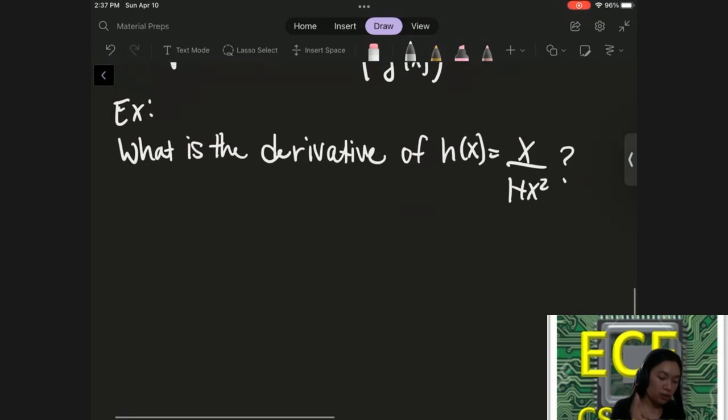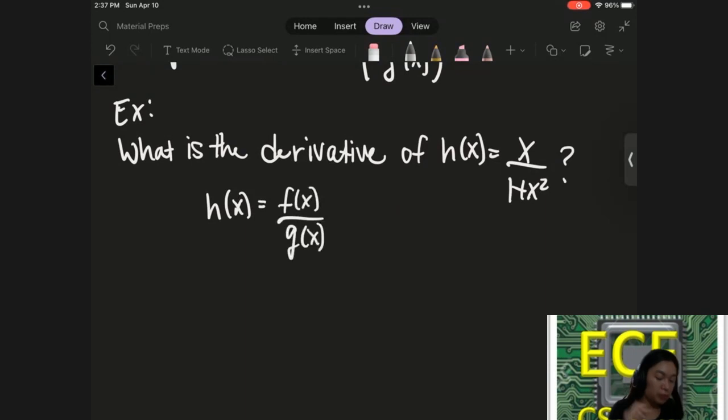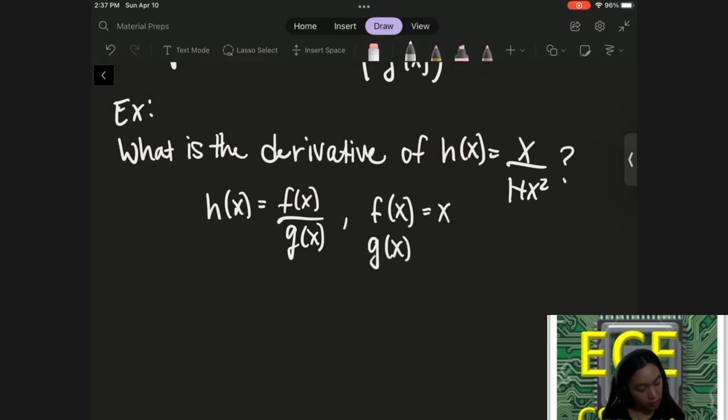So we can break this up into two functions that are being divided. So I'm going to say h of x equals f of x divided by g of x, right? So that means my f of x equals x, and my g of x equals 1 plus x squared. Oh, I just realized that kind of looks like a 4. 1 plus x squared. Okay.